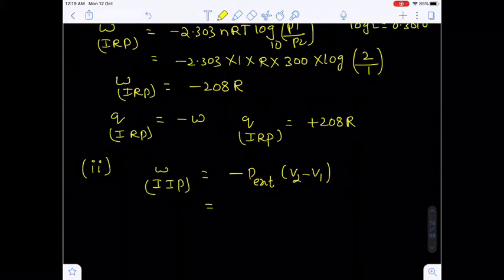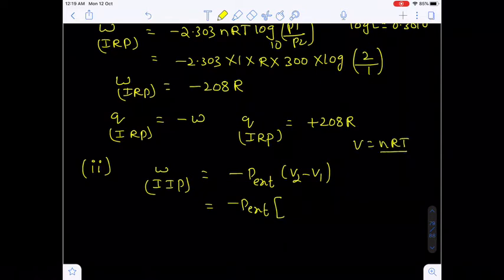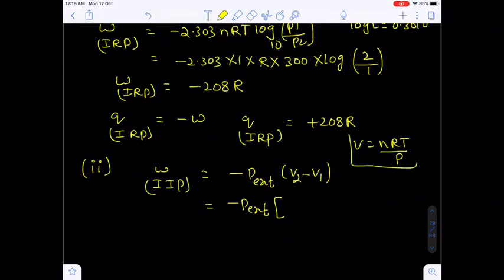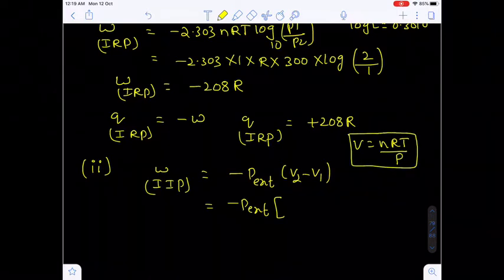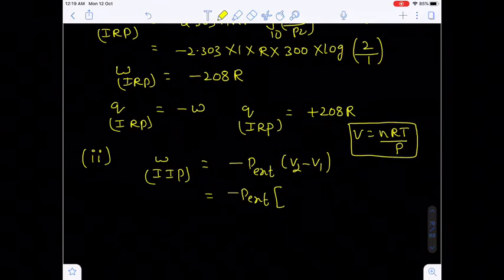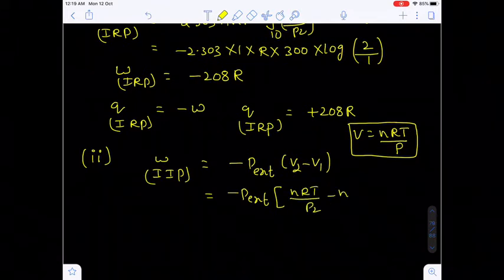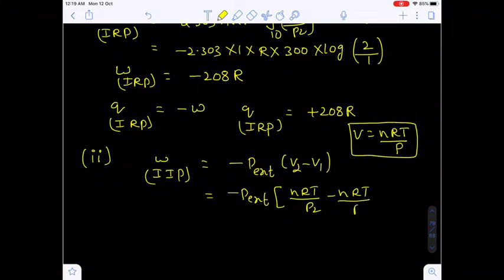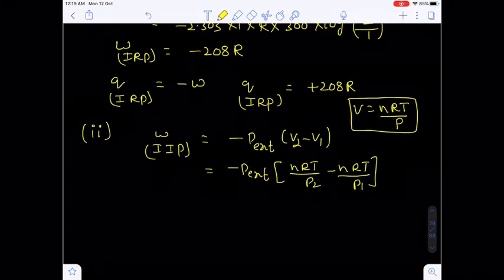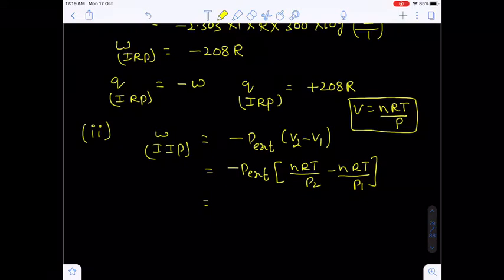Here volume is not given, so instead of V2 I write V equal to nRT by P, from the ideal gas equation. So here I am writing nRT by P2 minus nRT by P1. Now what will be the external pressure?